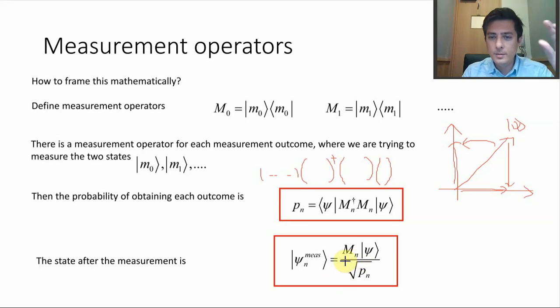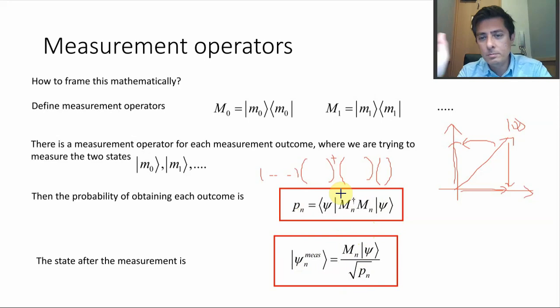But there's a little thing you need to do to get a normalized state: you need to divide it by this probability here. If you don't do that, it's still almost the right answer, but it won't be a normalized state. I've said that any quantum state is always normalized, and if you don't have this factor, then you'll get a vector that's not quite normalized. But it's basically the right answer, actually.